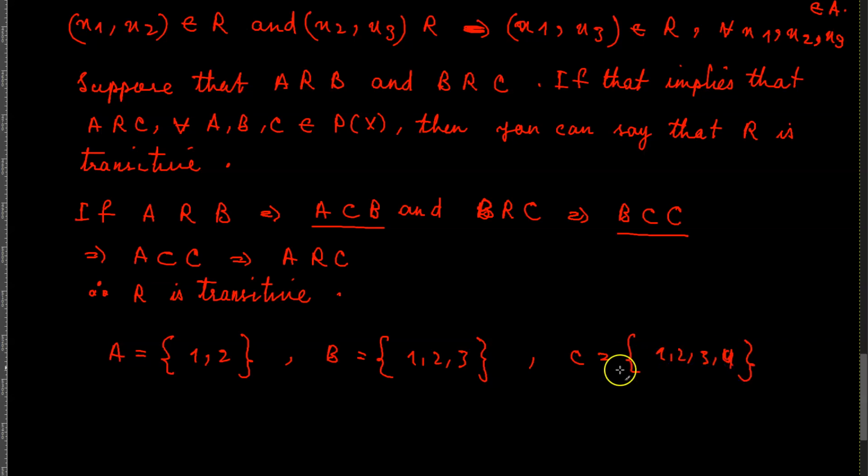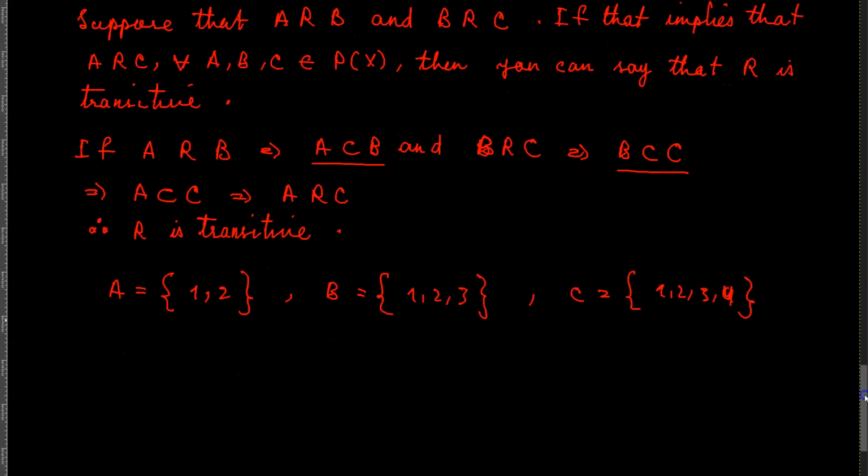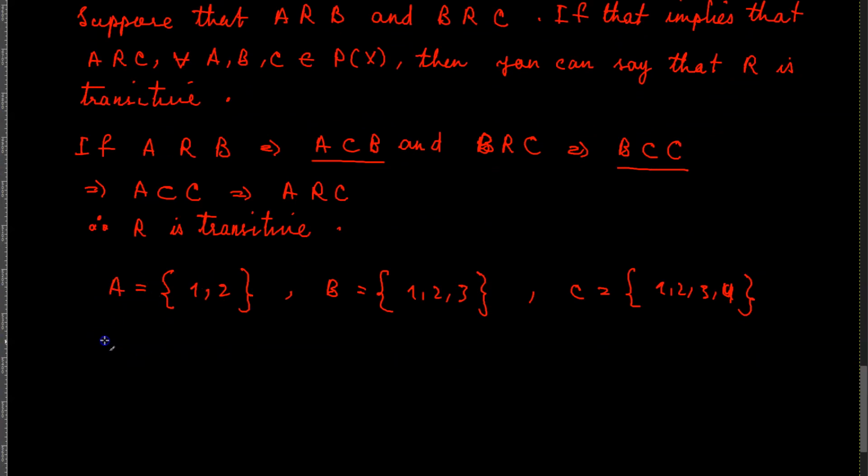Right? So if that is the case, then of course you can say, since A is a subset of B, that A is related to B. And since B is a subset of C, you can say that B is related to C.